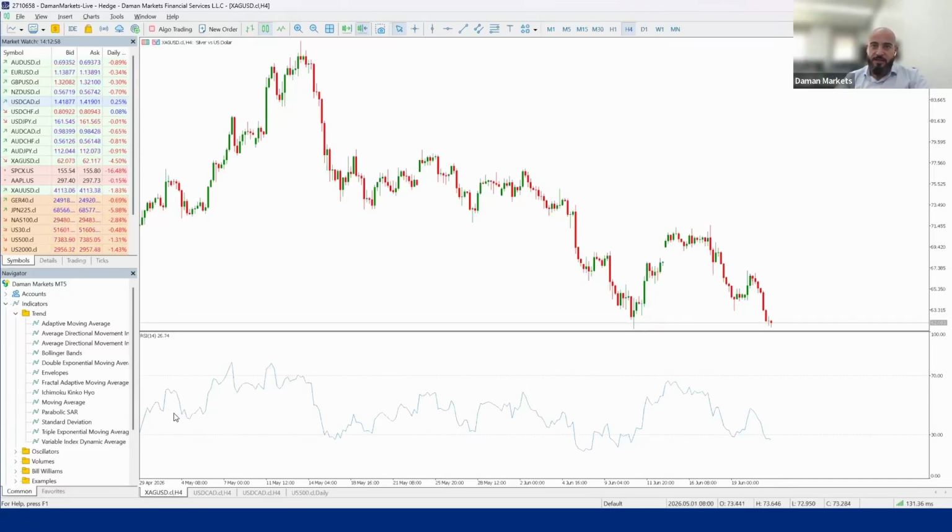Now, for the RSI, the equilibrium is at 50, and we have these 70 and 30 values, which I'm going to explain. So, one major difference between momentum oscillators and other trend indicators is that they are placed below the price chart, in a separate panel.